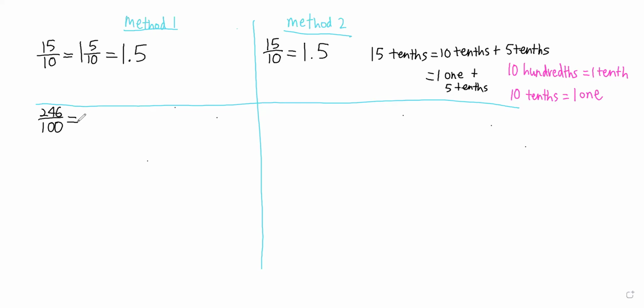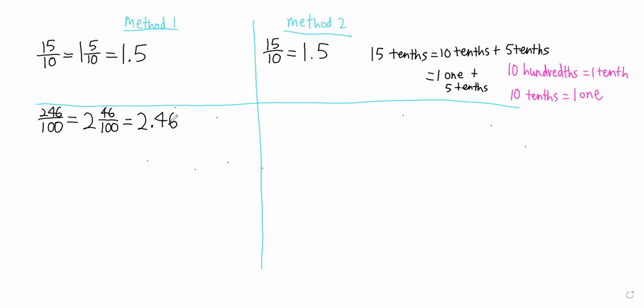So in this case, it will be 2 wholes and 46 hundredths. If you remember how to convert mixed numbers, we know that this is 2 ones. 46 hundredths is the same as 4 tenths and 6 hundredths. So my answer, 2.46.